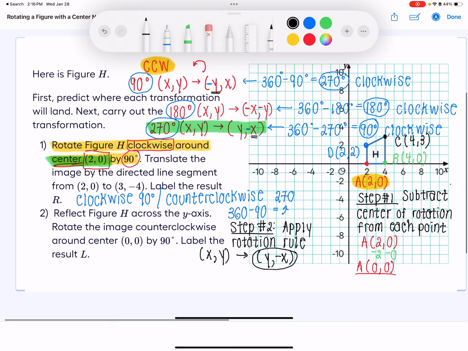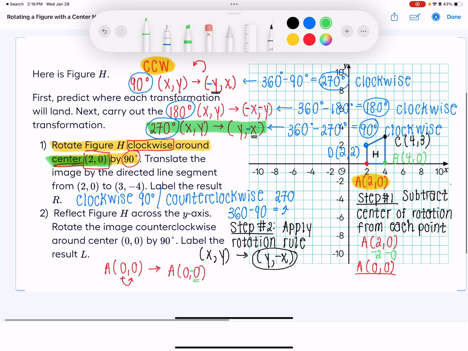So let's see what that looks like for A. A we have currently at 0, 0. And when I swap them, guess what? I'm going to get again 0, 0. And in fact, we're going to make the second value, my new y value, negative. But as you know, there's no negative 0.